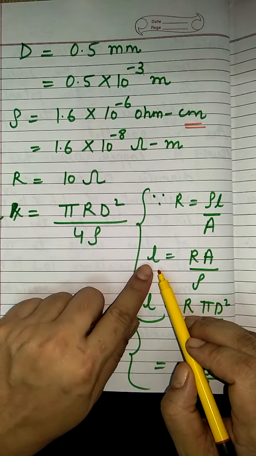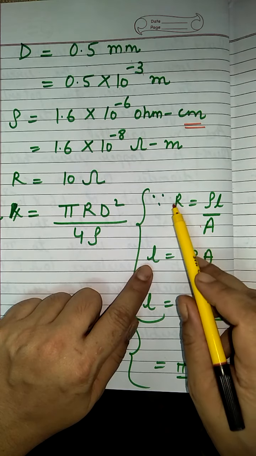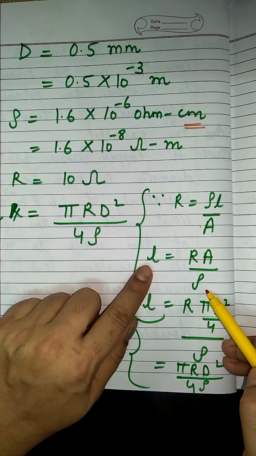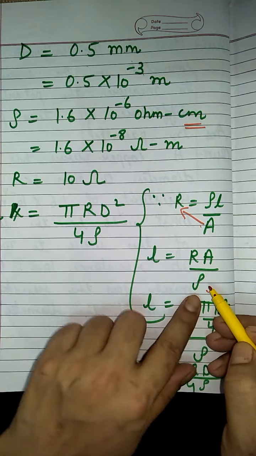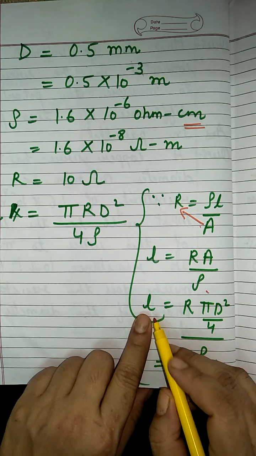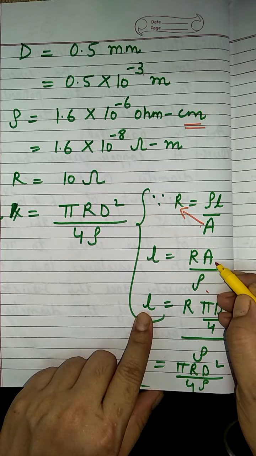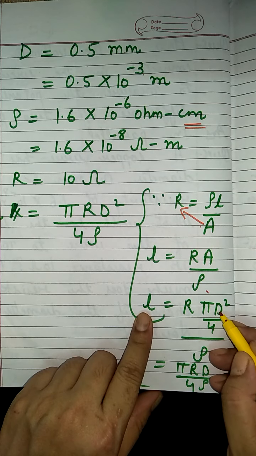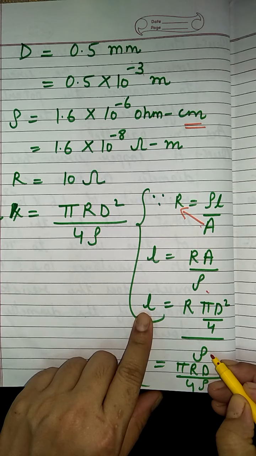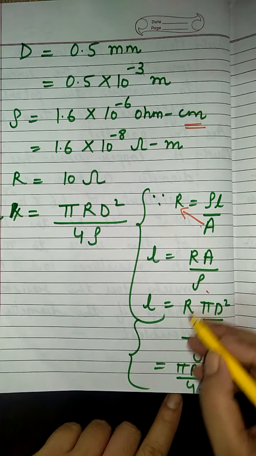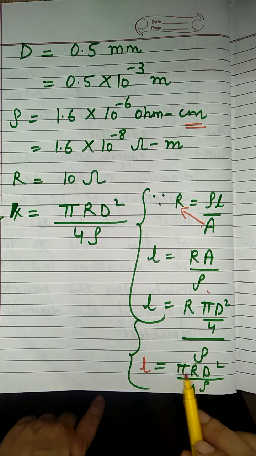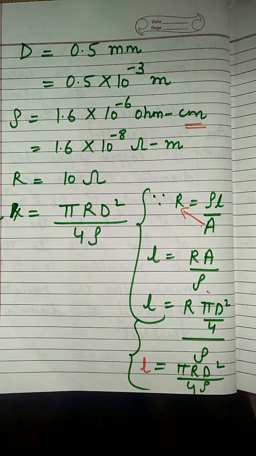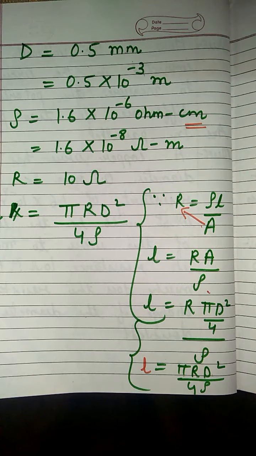Fine. L we want to find out, so it will be R A over rho. Again, if area is not given, diameter is given, then pi d square by 4. When you rearrange it, it will be L is equal to R pi d square over 4 rho.